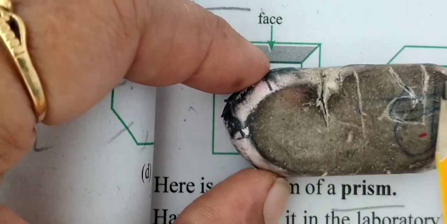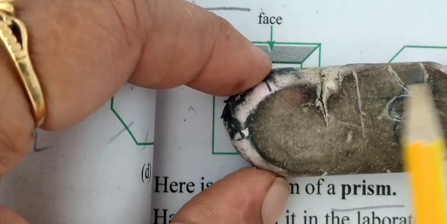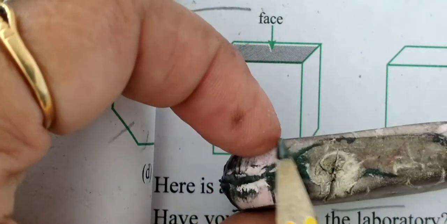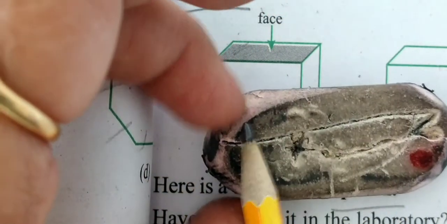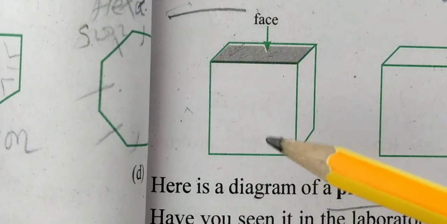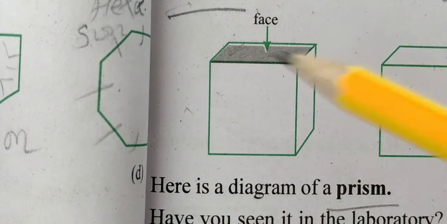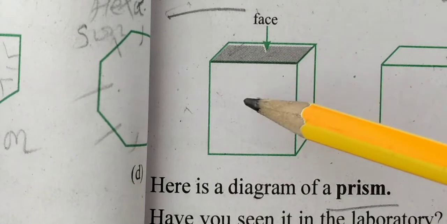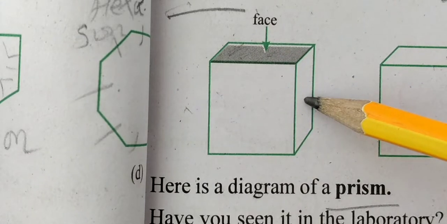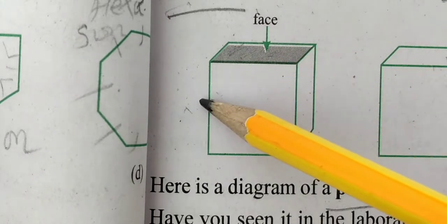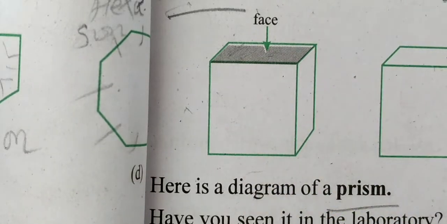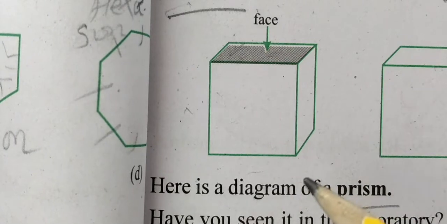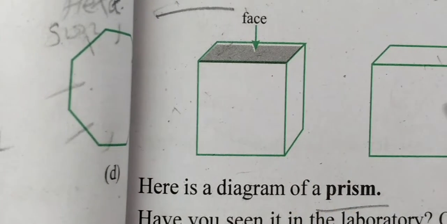This flat surface is called a face of a solid object. This is called a face. This is called a face. So for the face of a cube or cuboid, you can see 1, 2, 3. Opposite to that 4, below 5, and the other side 6. 6 faces can be found in a cuboid or cube.